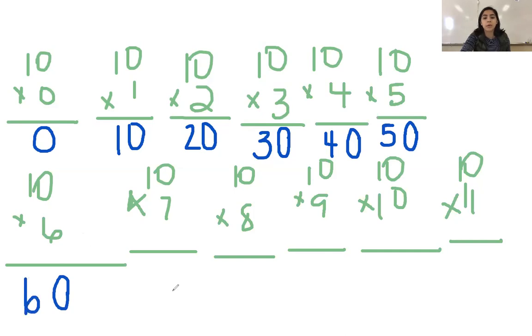7 times 0 equals 0. And 7 times 1 equals, remember the 1 tells the 7 who it is, 7. So we have 70. 8 times 0 equals 0. 8 times 1, remember the 1 tells the 8 who it is, 80. 9 times 0 equals 0.